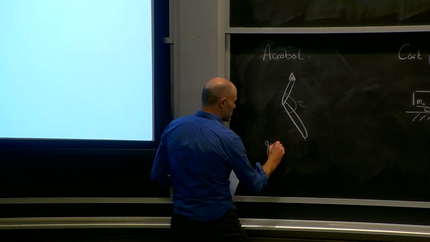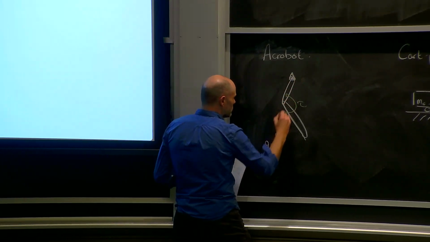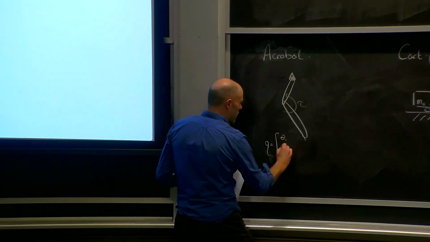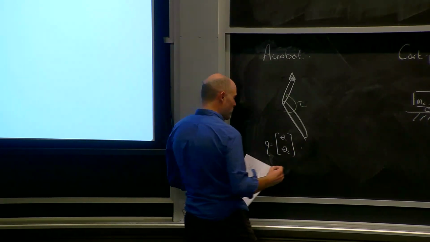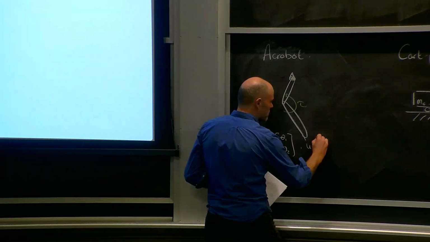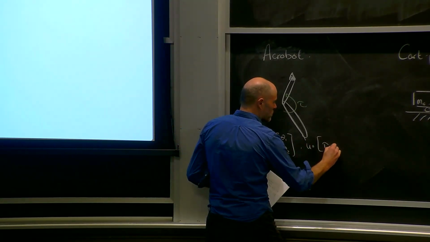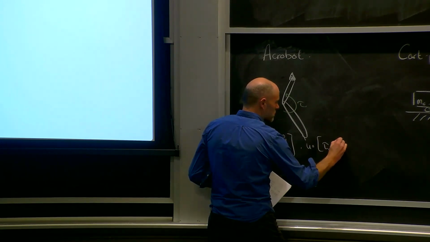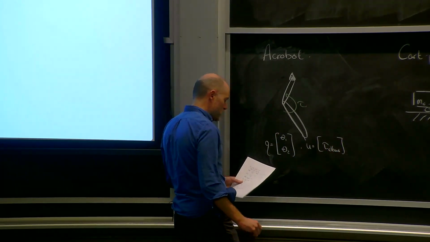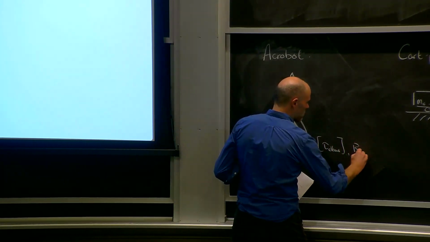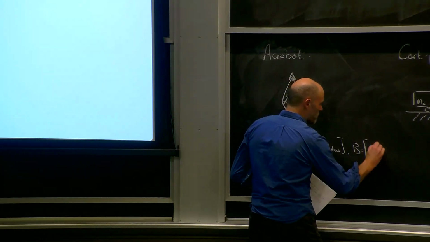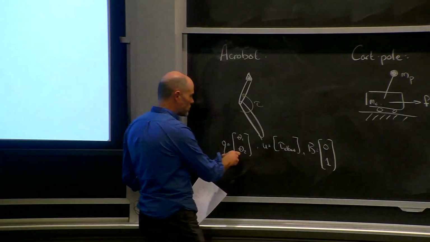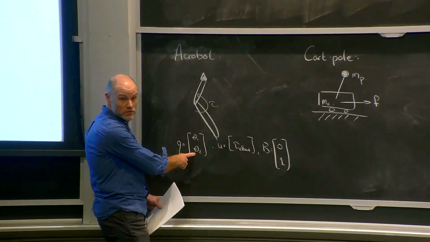So q is going to be the two angles, call it theta 1, theta 2, right? U is going to be the torque at the elbow, let's say. Okay. B is going to be 0 and 1, because your torque at the elbow directly actuates theta 2.